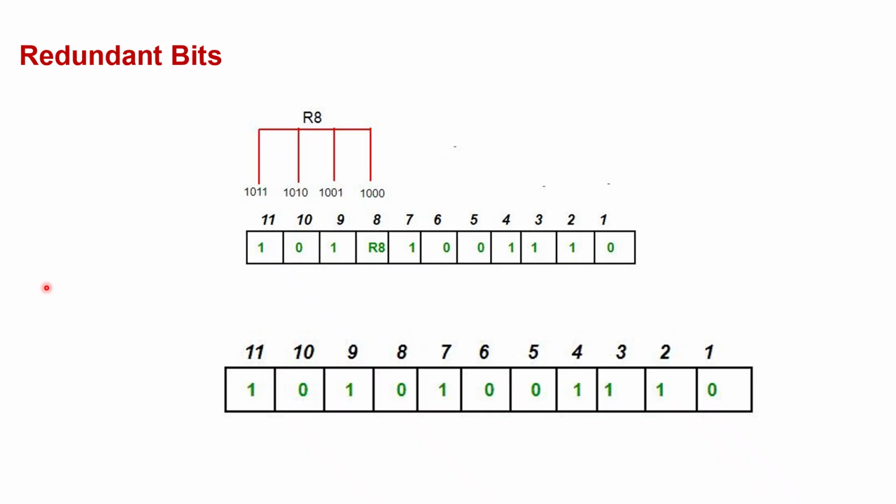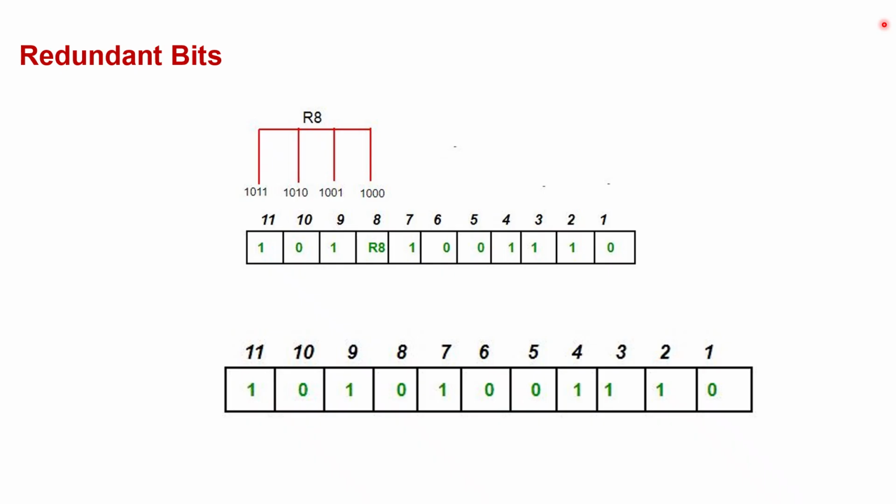Next, we calculate the R8 bit. The R8 bit is found using a parity check on all bit positions whose binary representation has a 1 in the fourth position from the least significant bit. These positions are 8, 9, 10 and 11.